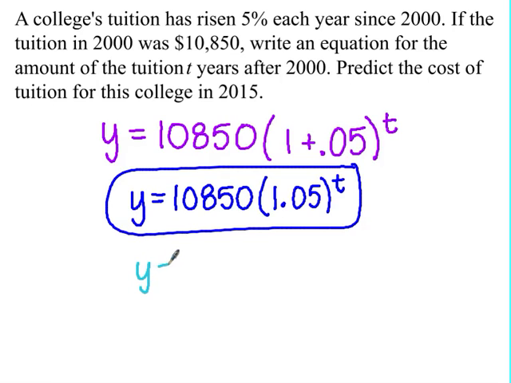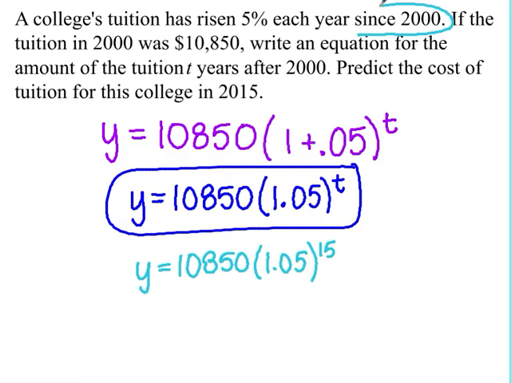Plug what in for t? 15. Why 15 instead of 2015? Let's look at what it says: each year since 2000. I've started with 2000. I want to know what happens 15 years from now. So once again on your calculator, 1.05, hit the caret key and then 15, then take your answer times 10,850.